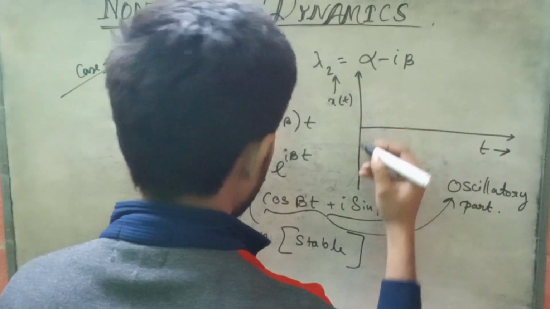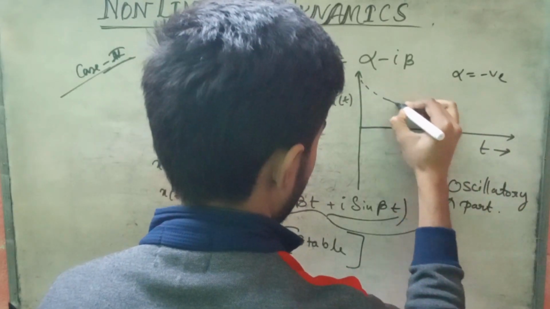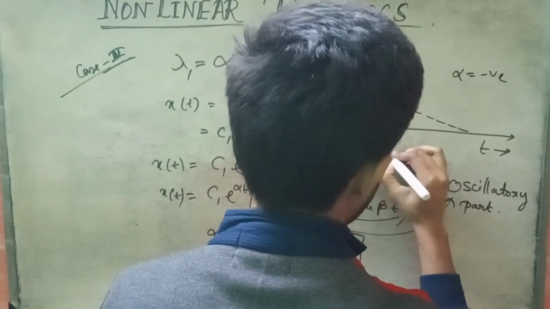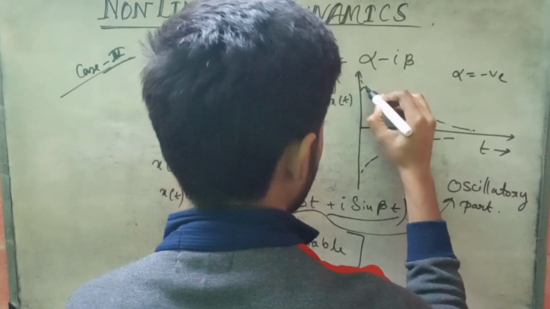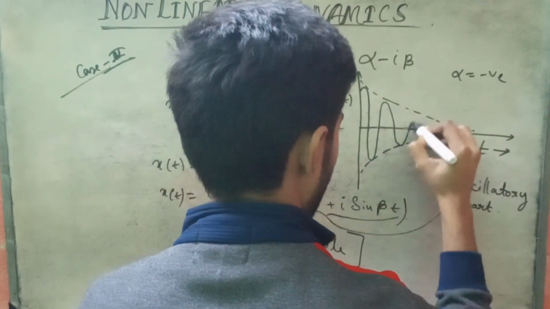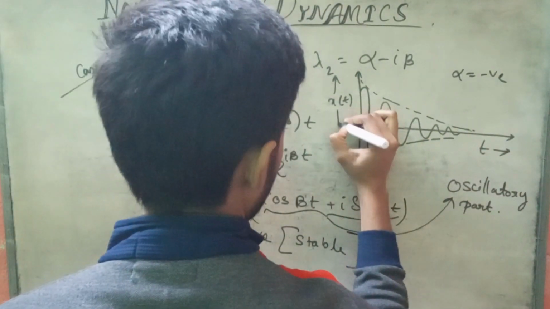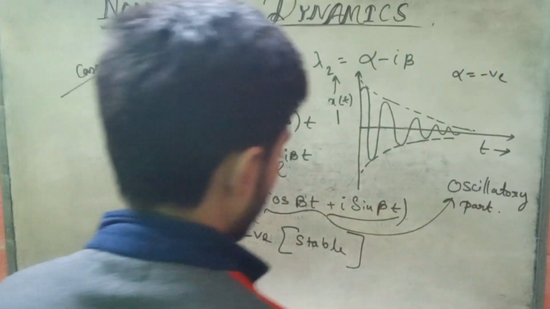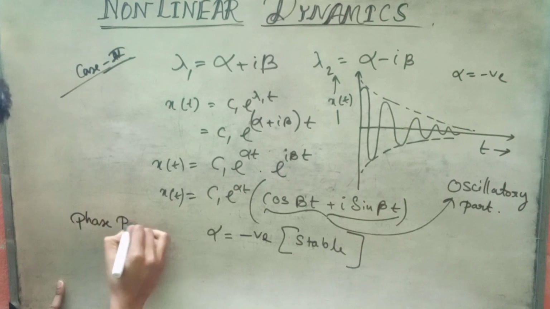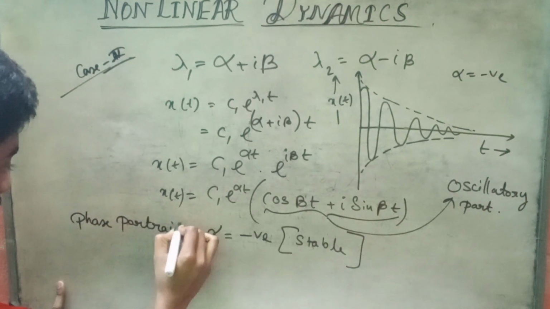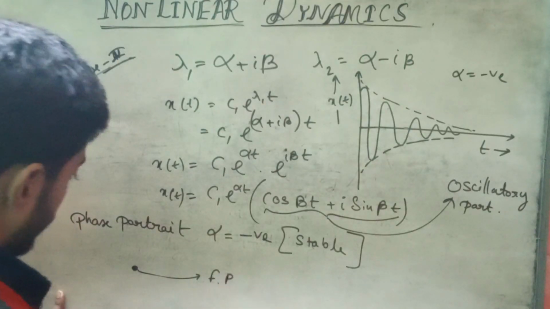So this is the x(t) versus t graph, and in the phase portrait, this is the fixed point.